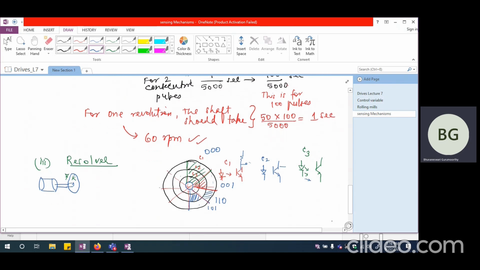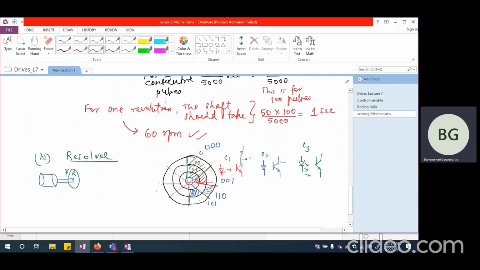So like that, I should be able to arrange for different sectors, some portions being carved out and some portions not being carved out.